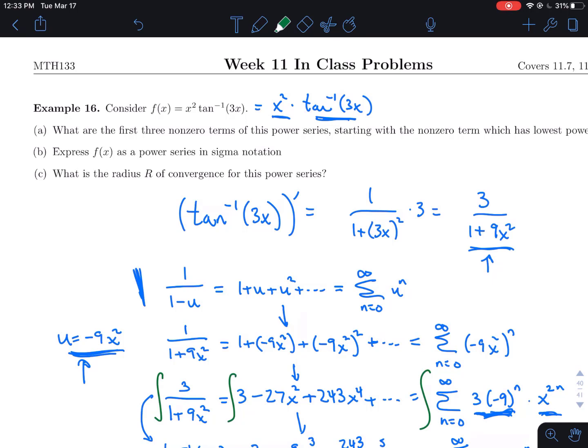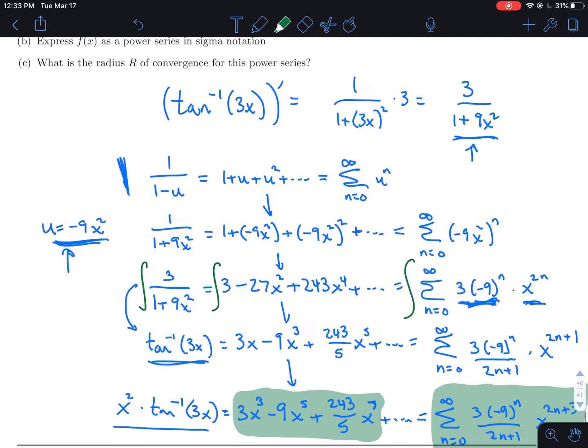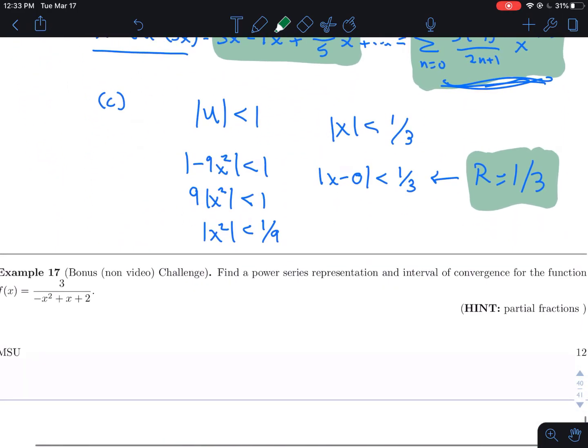And that is what we're going to be doing in 11.10, which deals with Taylor series and Maclaurin series. These are special types of power series, and they're going to help us figure out power series or infinite polynomials for any old function rather than just things that we can manipulate to look like 1 over 1 minus u.